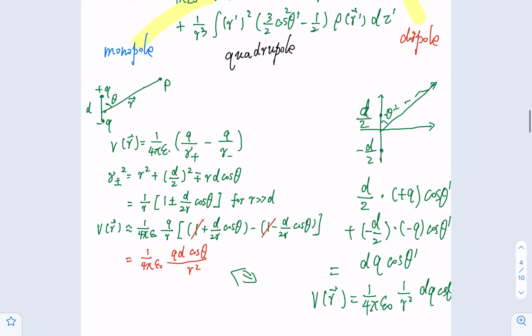And now if we sum them together, it's dq cosine theta prime, and then the V of R is simply dq cosine theta prime times 1 over r squared and 1 over 4 pi epsilon naught. The two actually agree with each other.